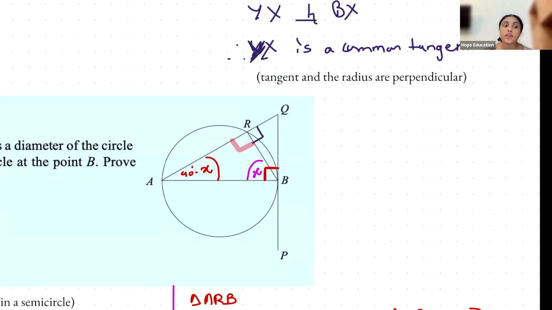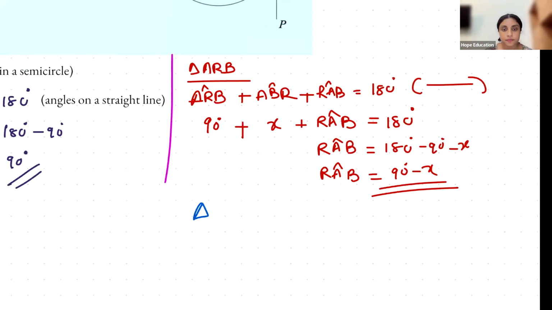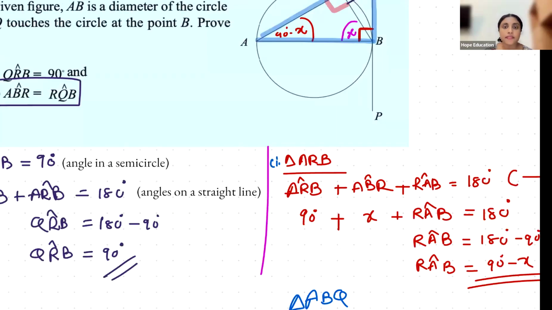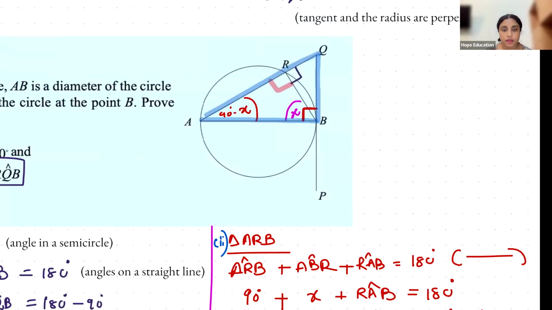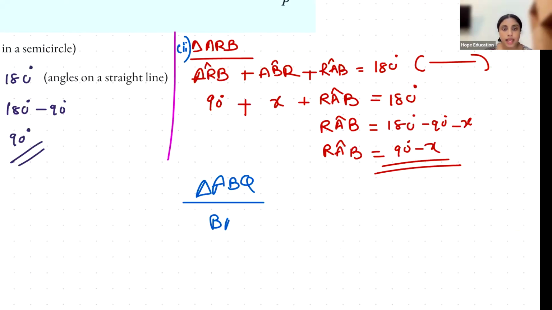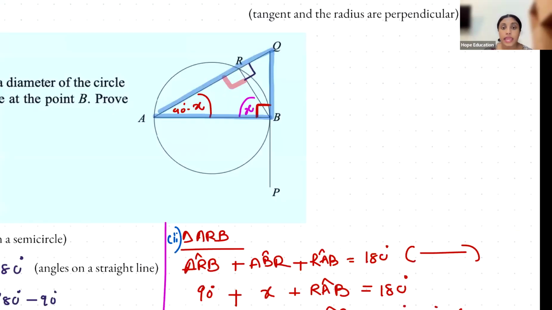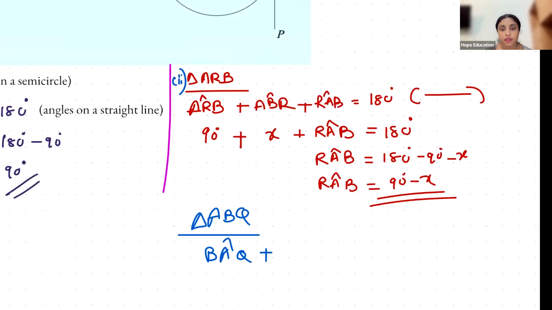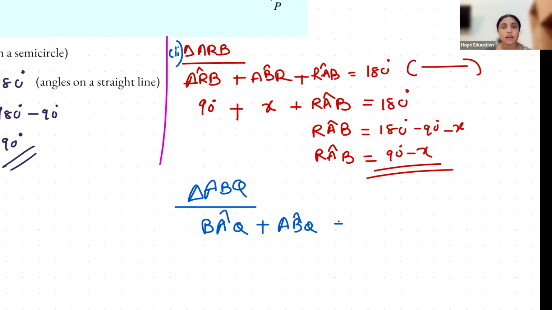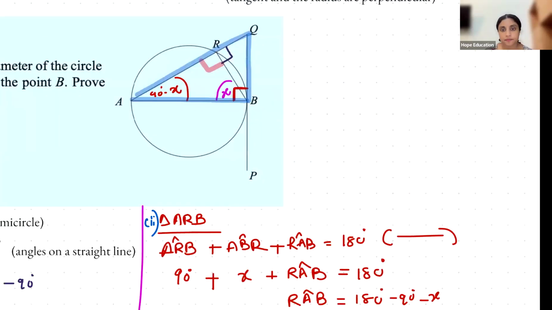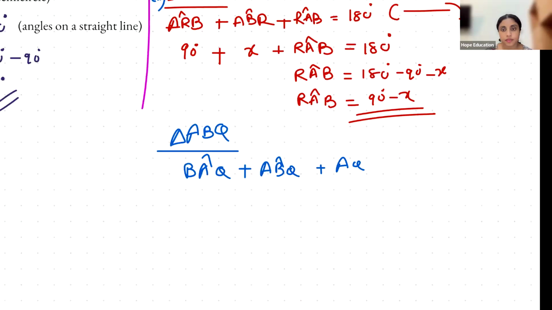Now I'm going to consider this big triangle, ABQ. Taking ABQ, BAQ plus ABQ plus AQB equals 180, the sum of interior angles of a triangle.